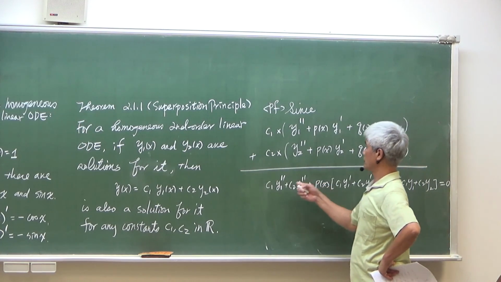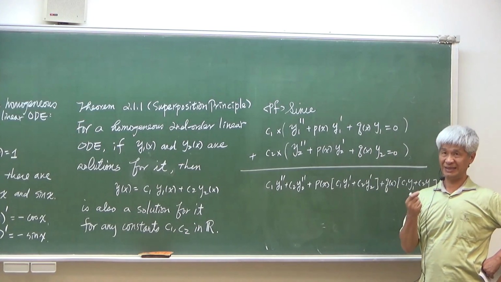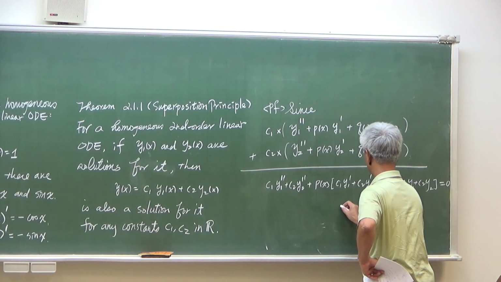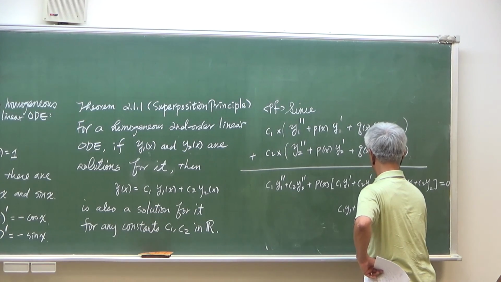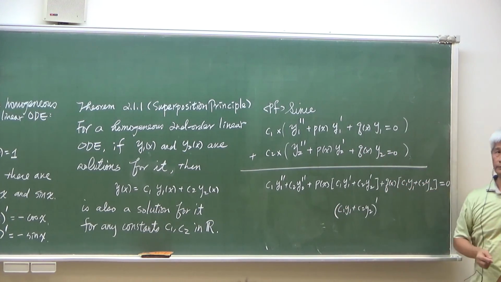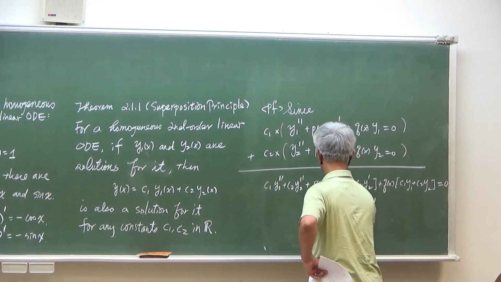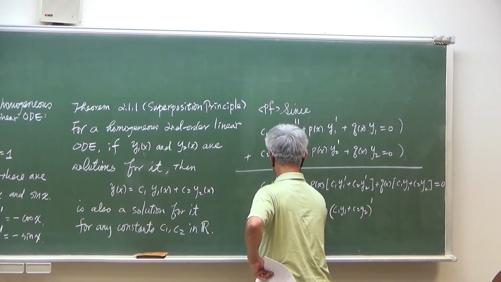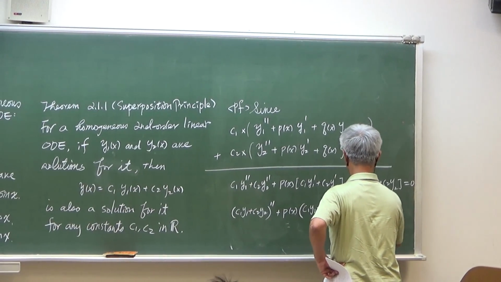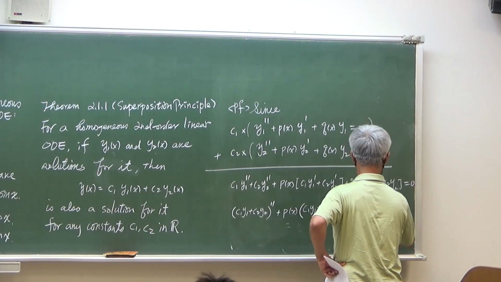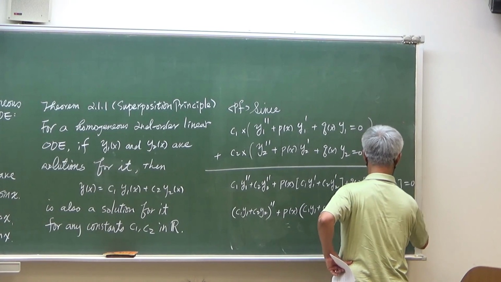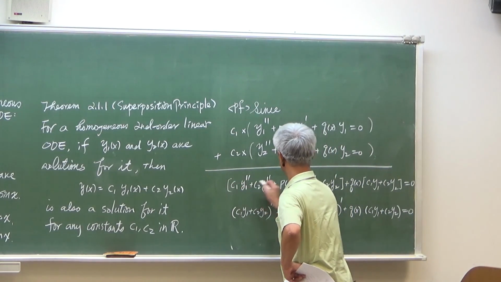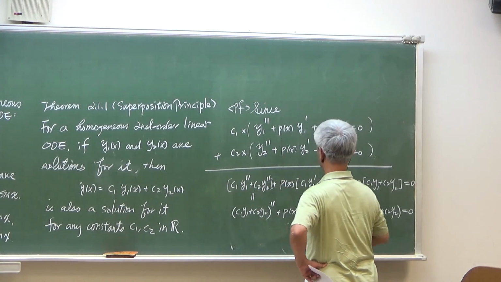Now, we know the derivative is linear. So we know that this is equal to C1 y1 plus C2 y2 double prime, and this is C1 y1 plus C2 y2 prime, and this is C1 y1 plus C2 y2, equal to zero.